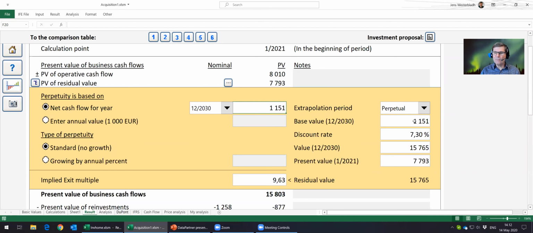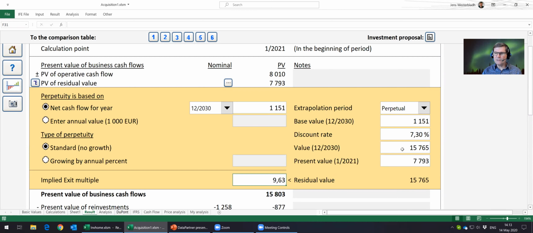So 1.1 million divided with 7.3% discount rate gives a terminal value of 15.7 million. This 15.7 million corresponds to 9.63 times EBITDA of year 10, of year 2030.